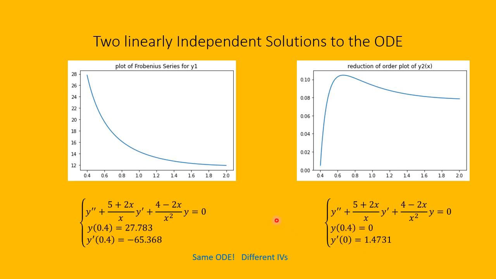So when we're finding two linearly independent solutions of this second order linear differential equation, the two functions in the linearly independent set just differ by the initial conditions.